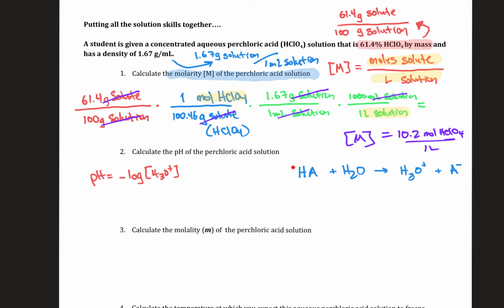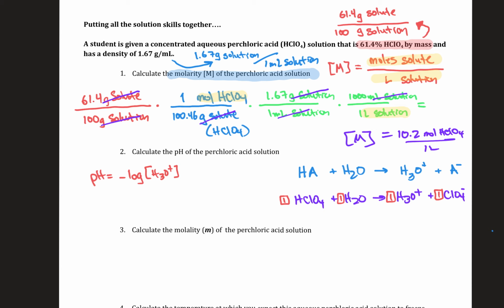So if you know the molarity of your acid, you actually know the molarity of your hydronium ion just by knowing this equation here. For our specific acid, perchloric acid, it is a 1-to-1 ratio of the perchloric acid that you put in the water to the hydronium ions in that water.